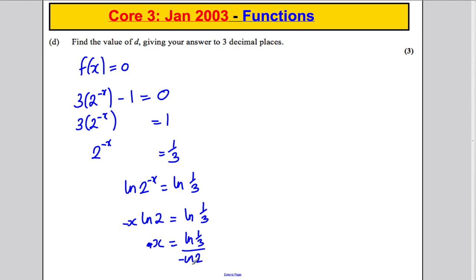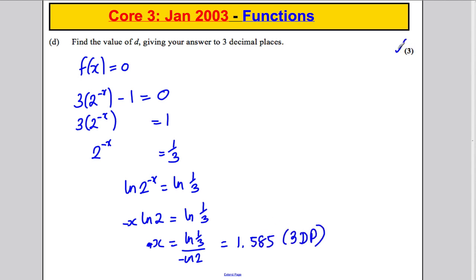So if you type that in your calculator, ln a third divided by negative ln 2, you should get the answer x is equal to 1.585 to 3 decimal places.